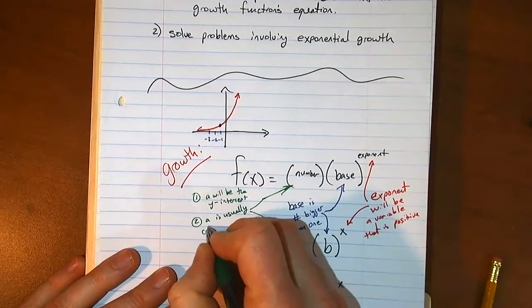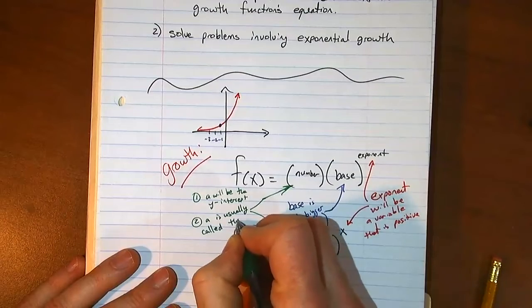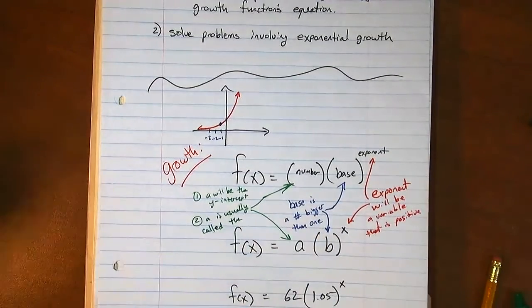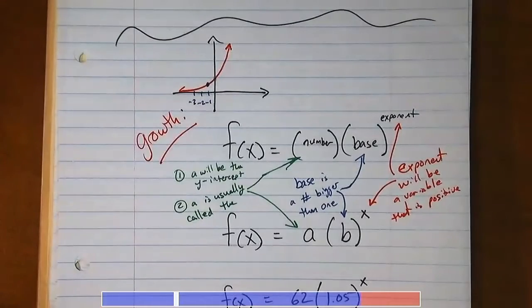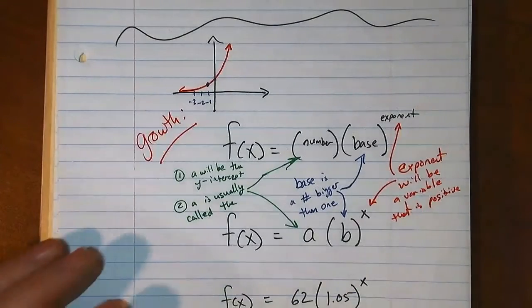A is usually called the, and I'm going to switch colors just to highlight this a little bit, the initial value.